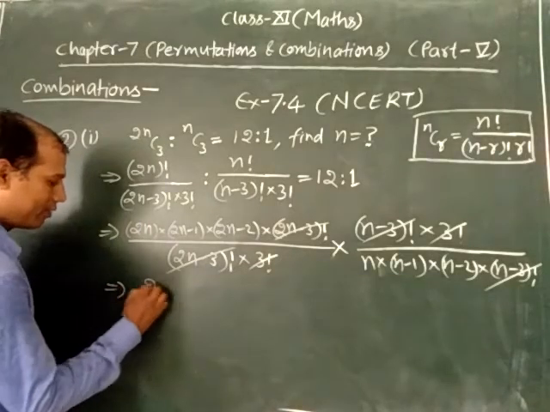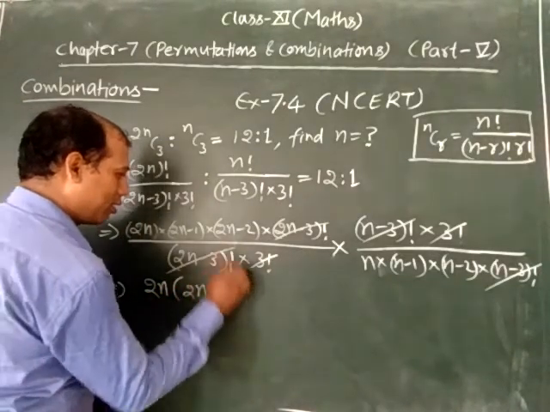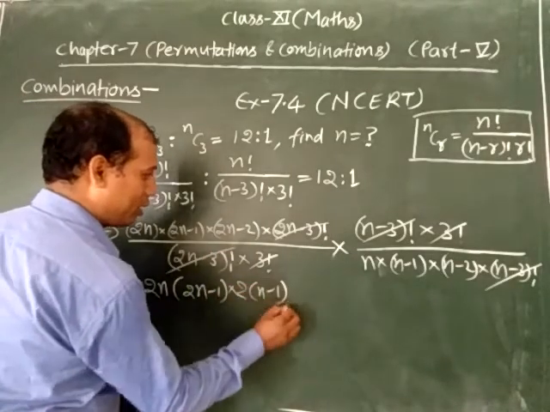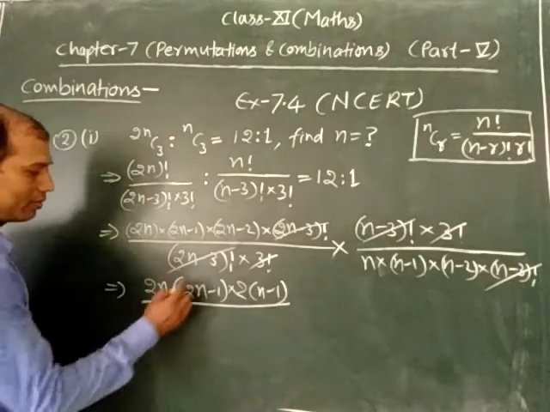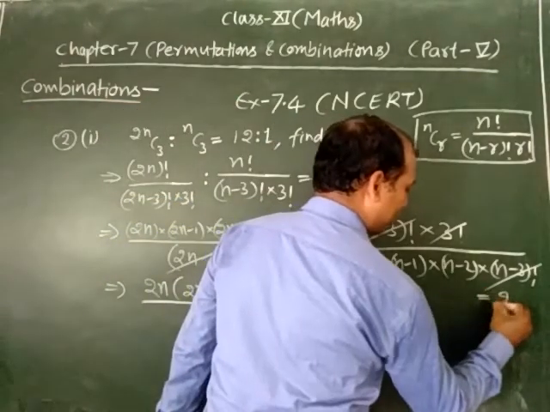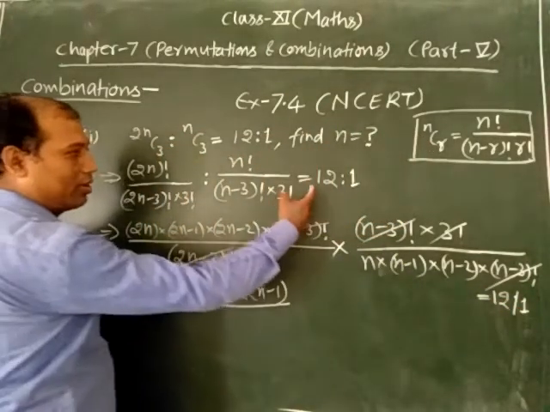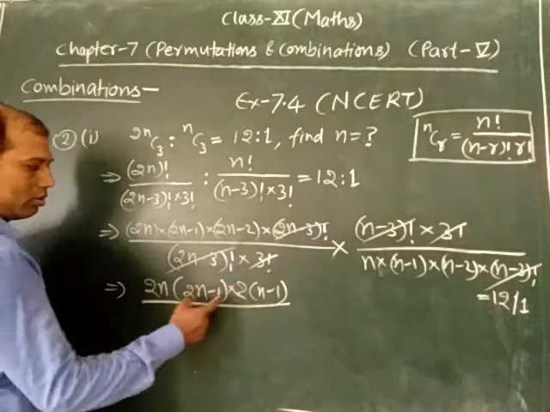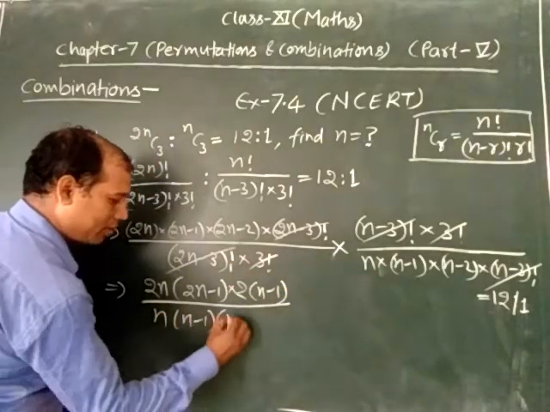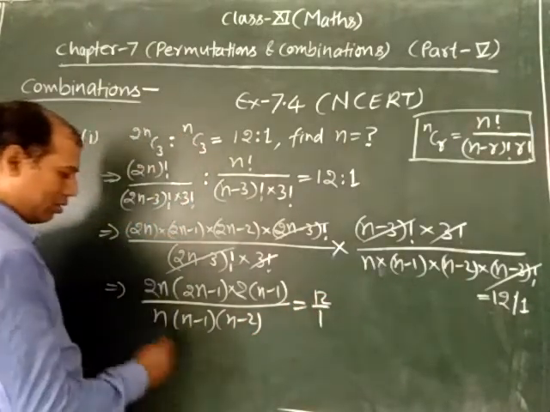Now we can write 2n minus 1, and for taking 2 common from this term, we can write 2n minus 1 divided by n minus 1, n minus 2, which is also given equal to 12/1.